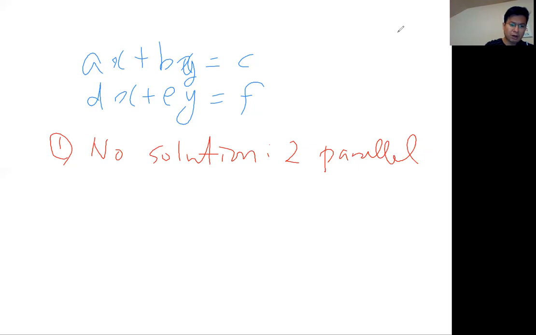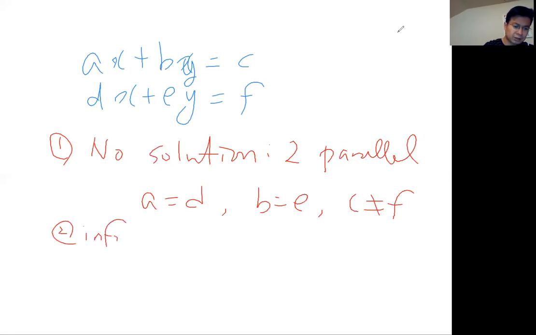To make two parallel lines, the slopes have to be equal to each other. So A has to be equal to D, and B has to be equal to E. But C cannot equal F. If C is equal to F, that becomes the same line. That's why the second one is infinite solutions.